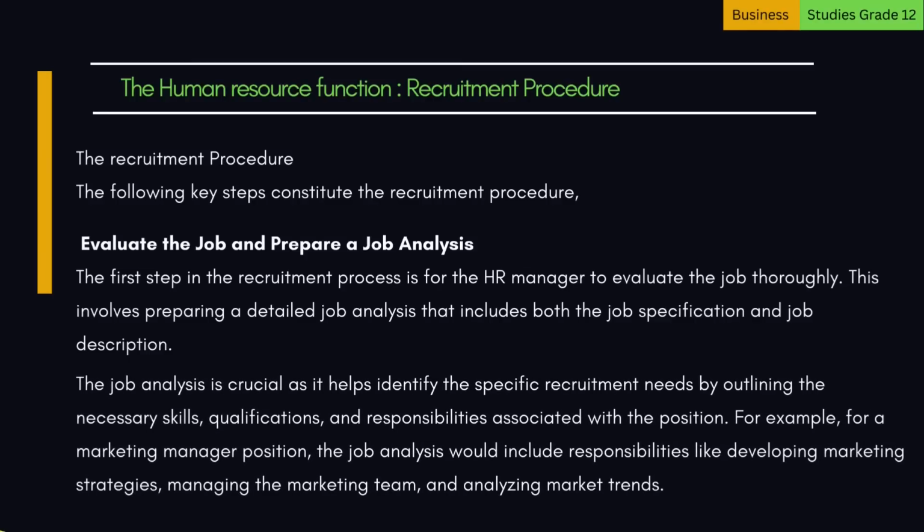The job analysis is crucial as it helps identify the specific recruitment needs by outlining the necessary skills, qualifications, and responsibilities associated with the position. For example, for a marketing manager position, the job analysis would include responsibilities like developing marketing strategies, managing the marketing team, and analyzing market trends.